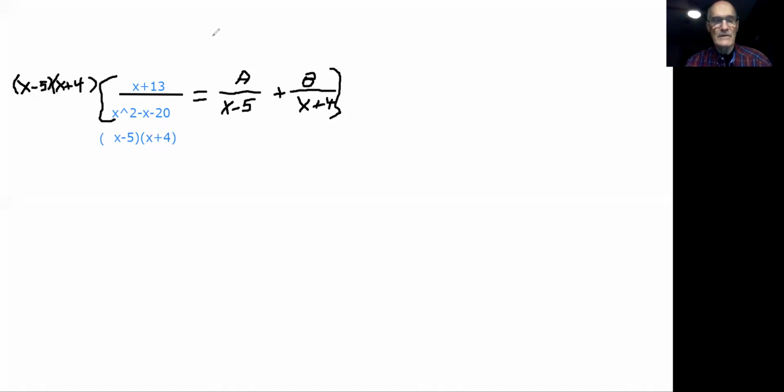So if I come down here with my text now, the left side is just going to be x plus 13, and that's going to equal, if you look at the first term on the right side, if I multiply x minus 5 times x plus 4 times this, the x minus 5's cancel, so I'll have a capital A times x plus 4.